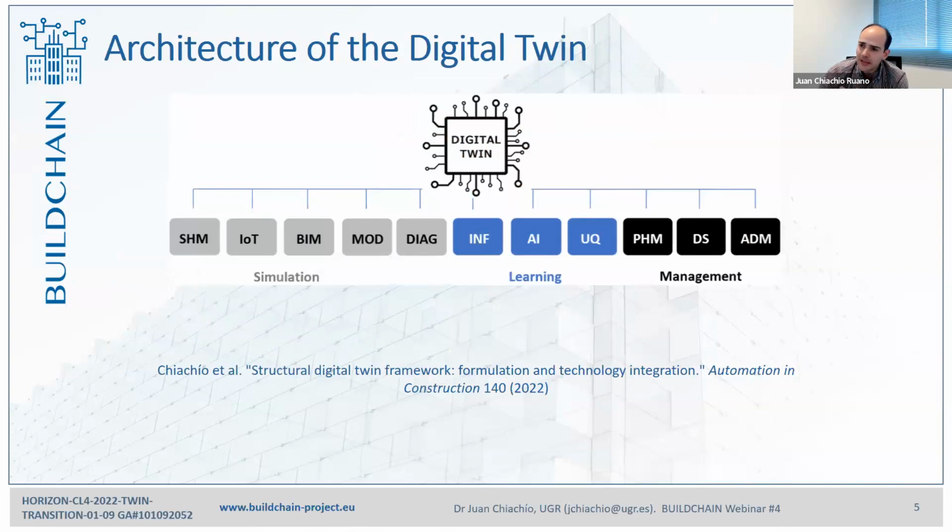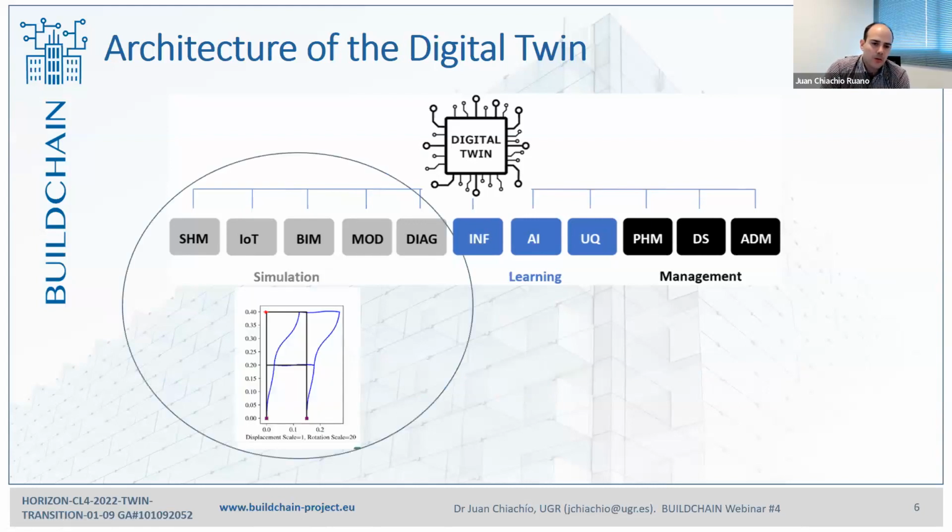Sorry. Let me go more in depth about the architecture of the digital twin. What the ingredients are in this particular technology. Here I am showing different aspects, different ingredients, but this can be collected into three main blocks. The first is the simulation block, the second one is the learning block, and the third is the management block. Let me go to the first one, the simulation block.